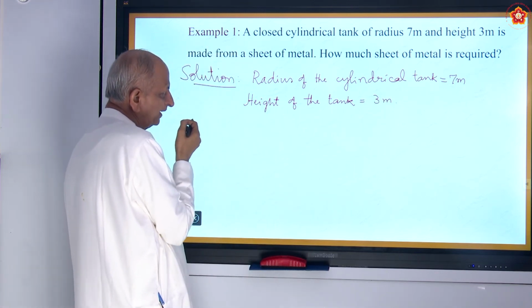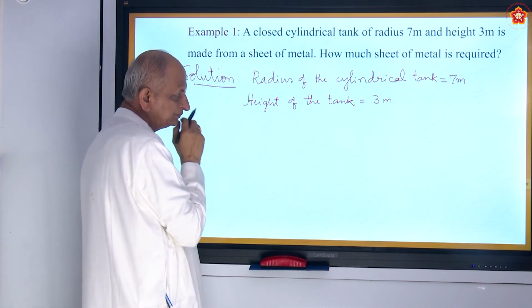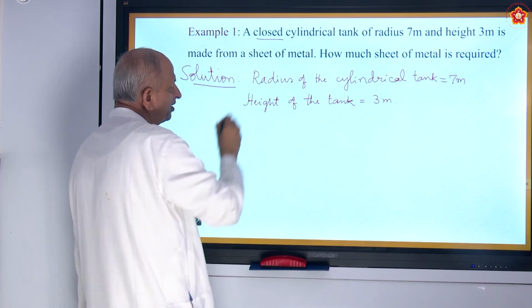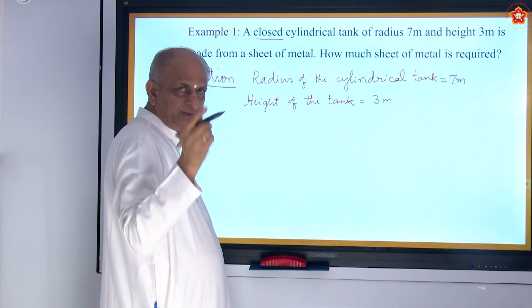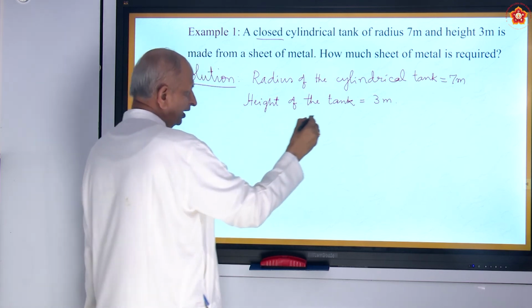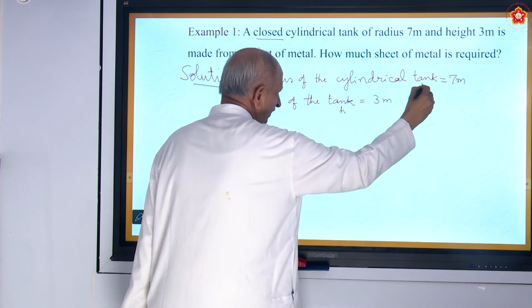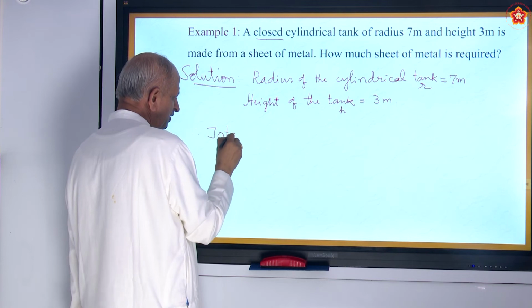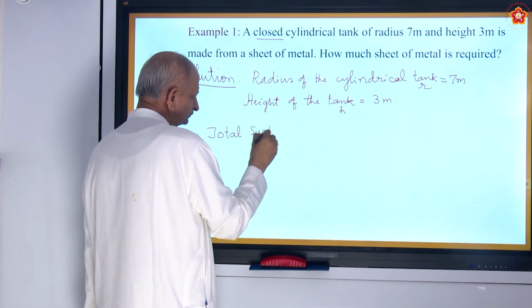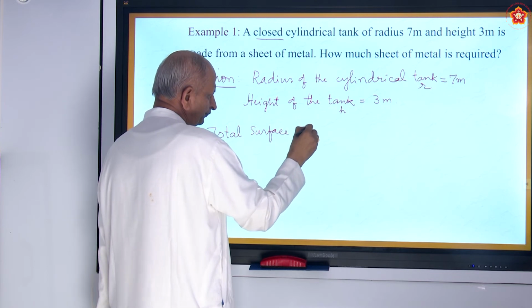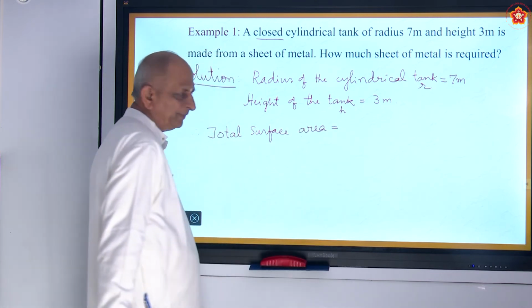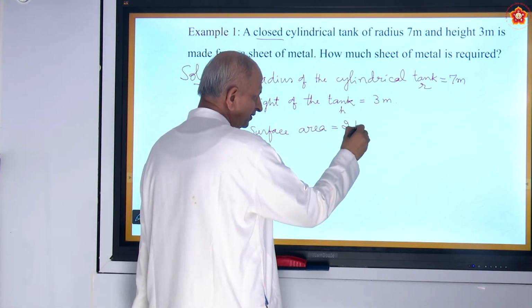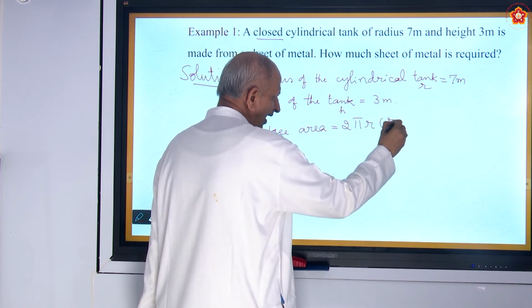Now, sheet of metal. You have to find, because top and bottom it is a closed shed. When you say closed, you must find the total surface area. So you call it H here, this is R here. So total surface area, come on, what is the formula? 2 pi r into r plus h.